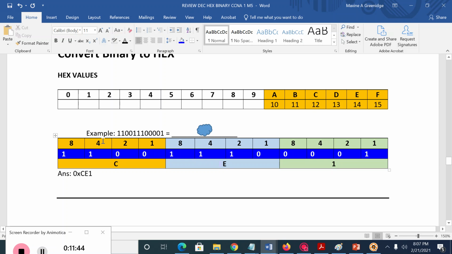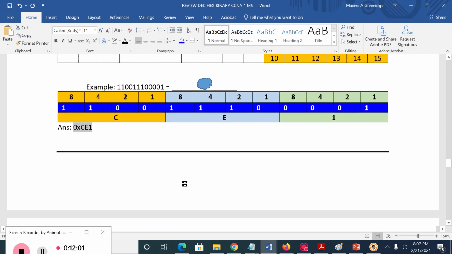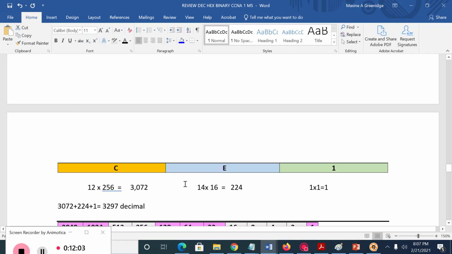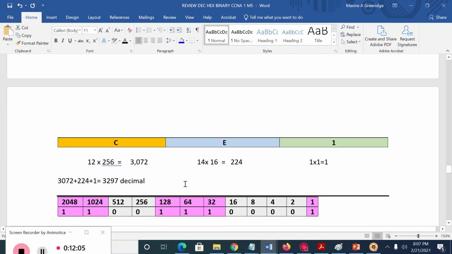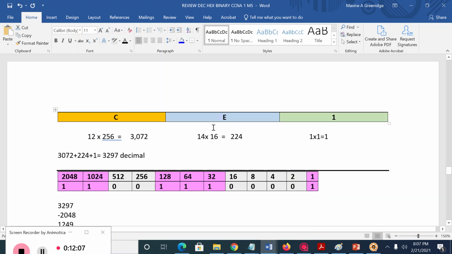And in this position, we have the 8 plus 4, which is a 12, which would be a C. So we turn the binary into its hexadecimal equivalent. So for this binary value, the hexadecimal answer is 0xCE1.